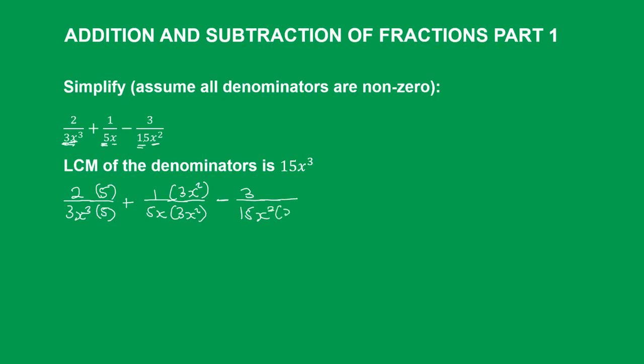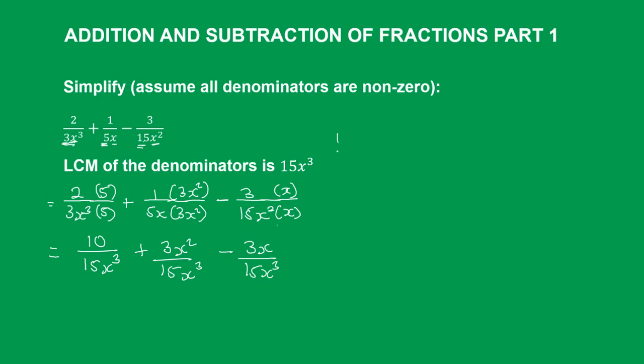So we have to multiply by x and multiply by x to get a denominator of 15x cubed. We have 10 over 15x cubed plus 3x squared over 15x cubed minus 3x over 15x cubed.